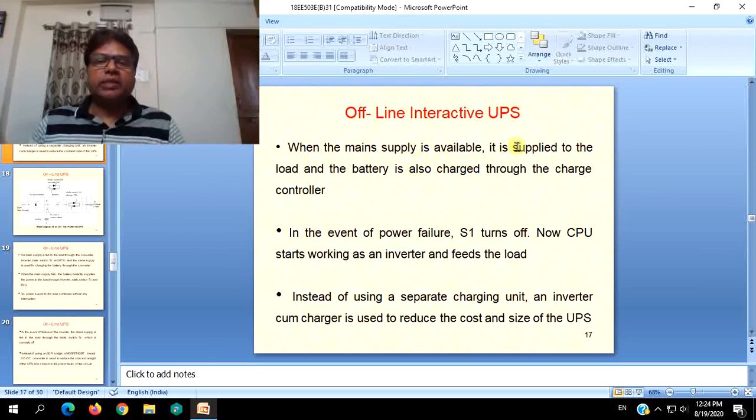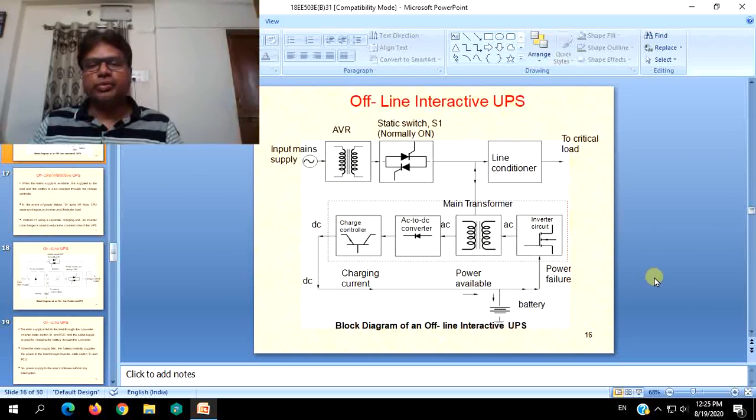When the main supply is available, it is supplied to the load and the battery, and the battery is also charged through the controller. In power failure, S1 turns off. Now the CPU, central processing unit, or charge control unit, starts working as an inverter and feeds the load. Instead of using a separate charging unit, as in the case of preferred, an inverter cum charger is used to reduce the cost and size of the UPS.